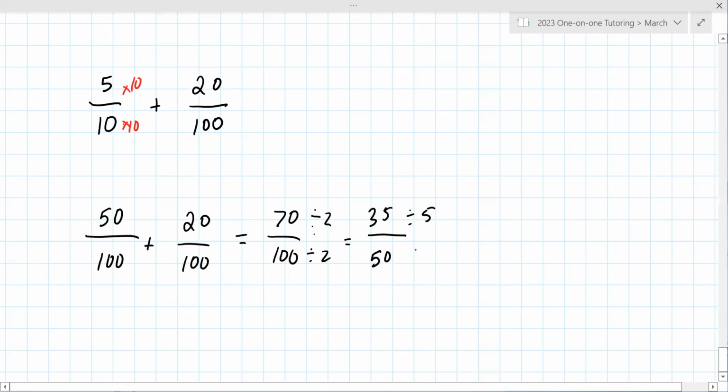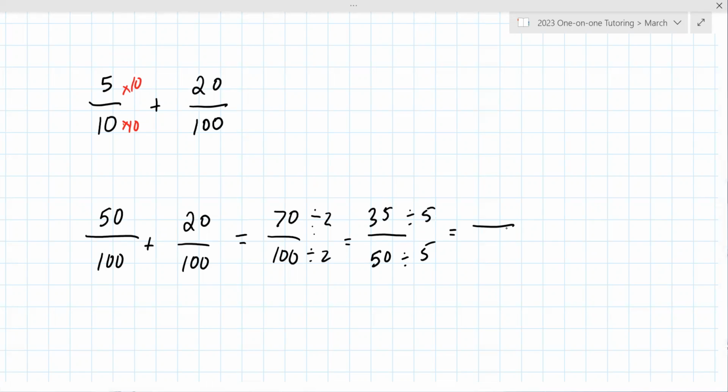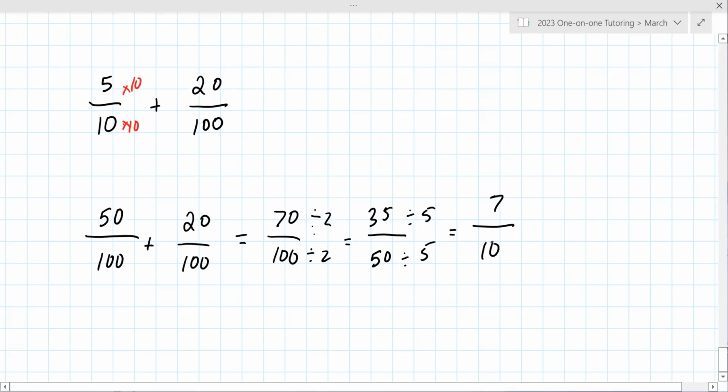Now, can you divide both of these by 5? 7 over 10. Good, very good.